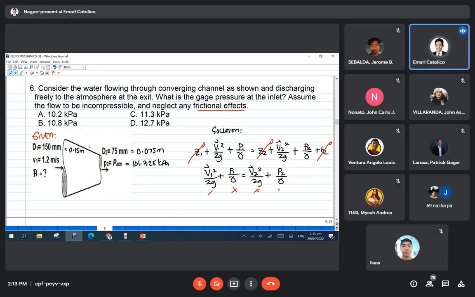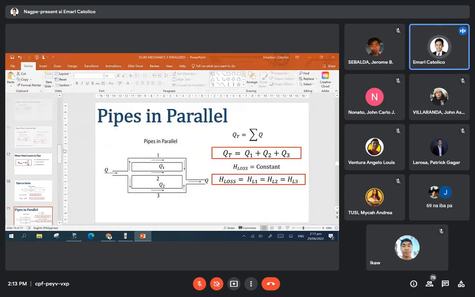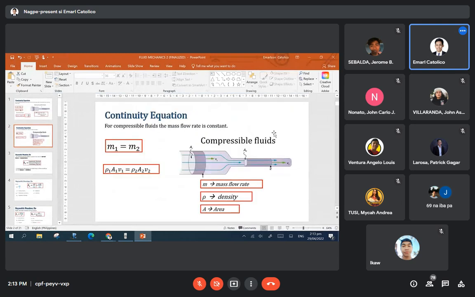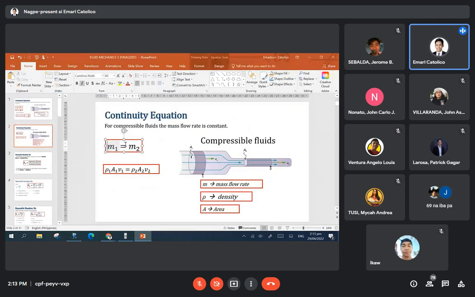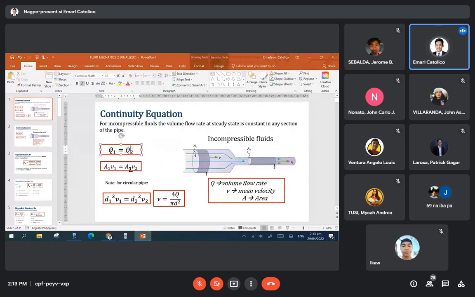So ang gagamitin natin dito ay conservation of mass. Balik tayo dun sa unang discussion. So pag incompressible fluids, mass 1 is equal to mass 2. Or pwede siya in terms of volume flow rate. No? Volume flow rate 1 is equal to volume flow rate 2.